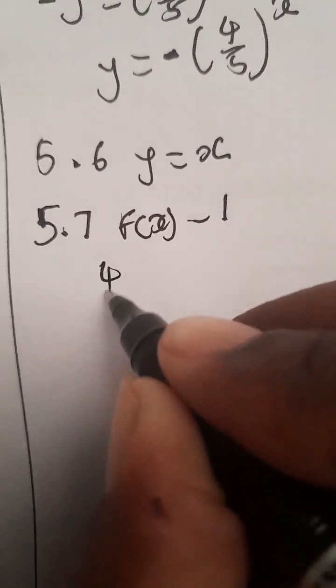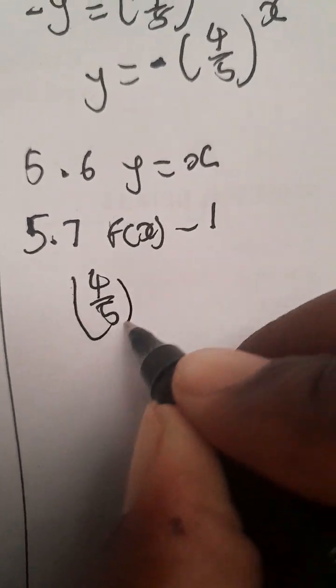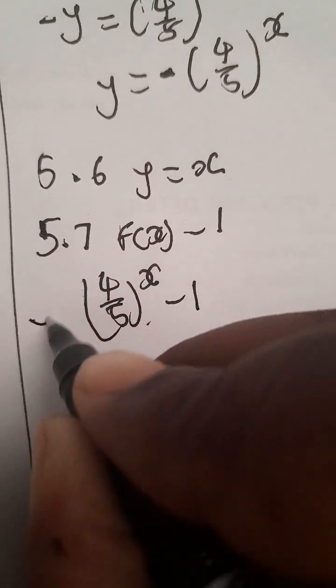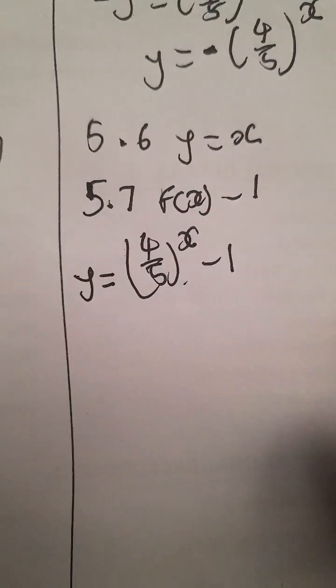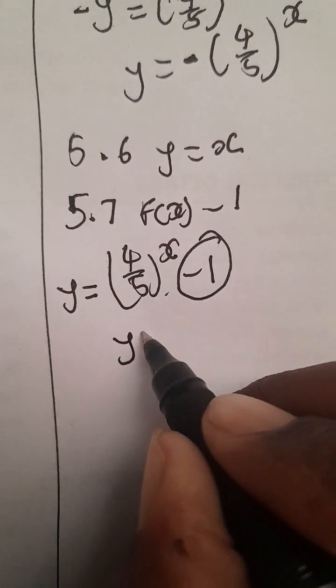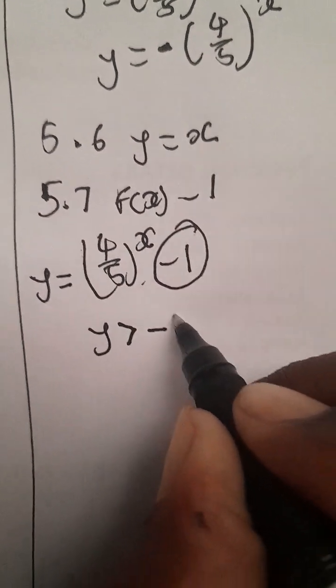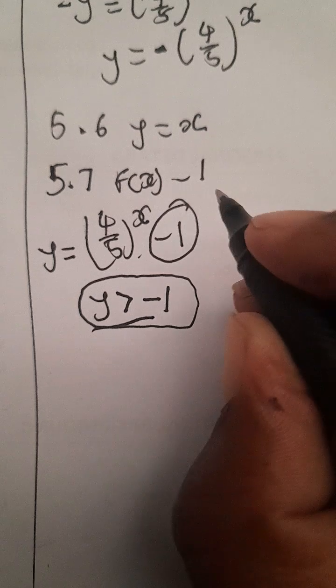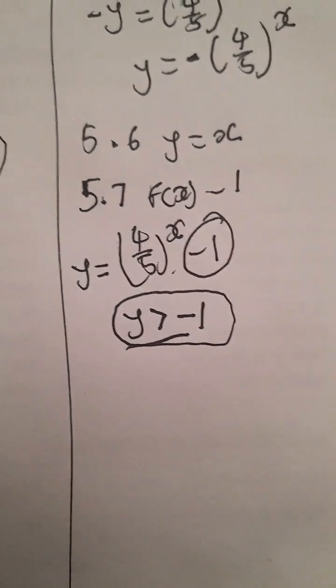So in this case, you have your f of x, which is 4 over 5 to the power of x, minus 1. We have a y value there, meaning that your y will be greater than -1. So this will be the range of the graph of f of x minus 1.